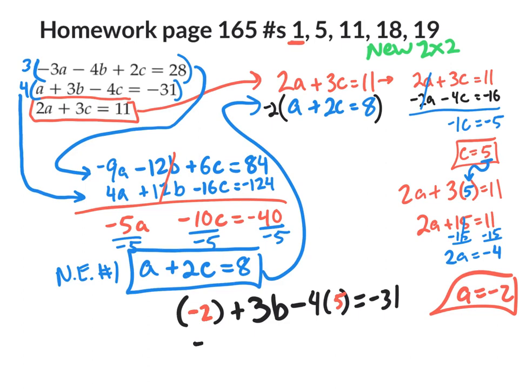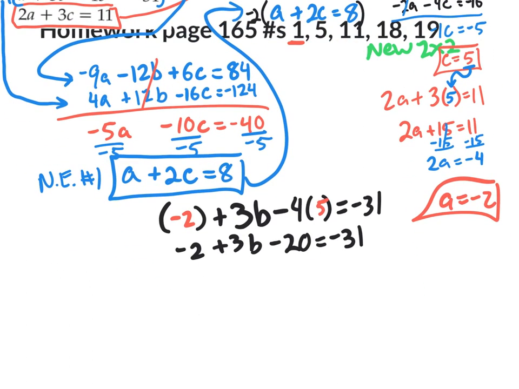Let's solve this equation. Negative 2 plus 3b minus 20 equals negative 31. And getting more space here, we're going to combine like terms, the negative 2 and the negative 20. That becomes negative 22. And we still have the 3b out here in the front, equals negative 31.